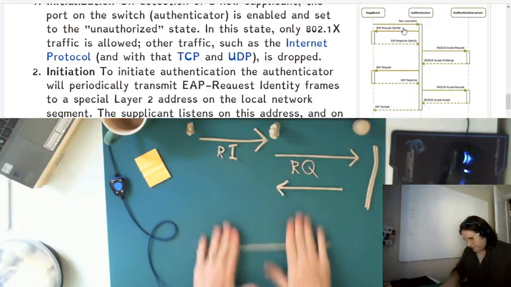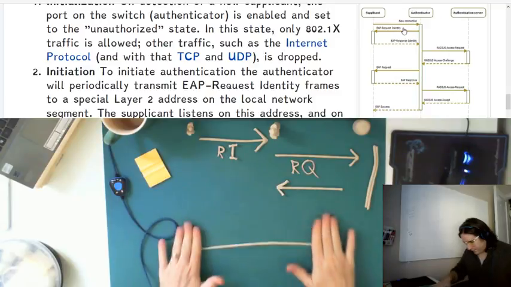An access challenge requesting more identity.